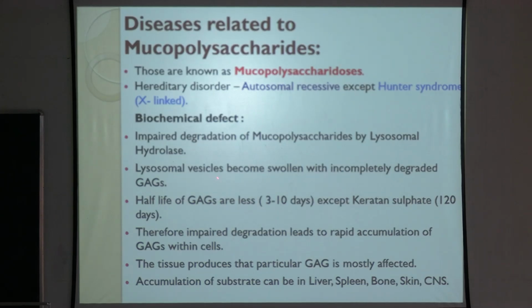The lysosomal vesicles become swollen with incompletely degraded GAGs. The GAG half-lives are 3 to 10 days except keratan sulfate, which is 120 days. The impaired degradation leads to rapid accumulation within the cells, in liver, spleen, bone, skin and CNS, everywhere where the GAGs are present.